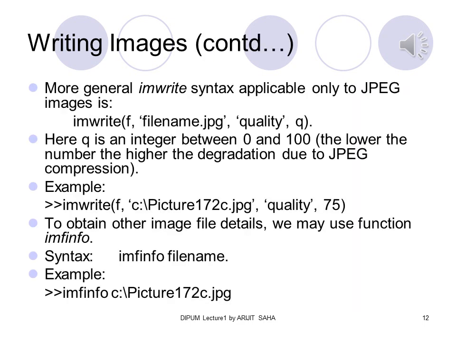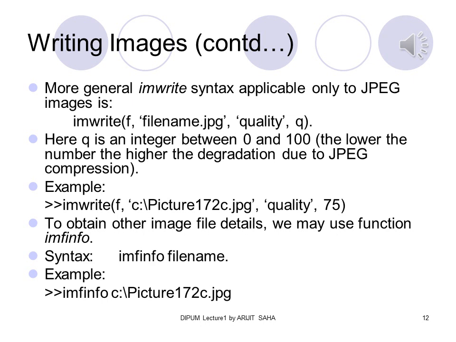More general imwrite syntax applicable only to JPEG images is imwrite f, file name with the proper extension of jpg, then 'quality', and finally an integer value which is specified by Q. So what is the integer value? It may be anything between 0 and 100.